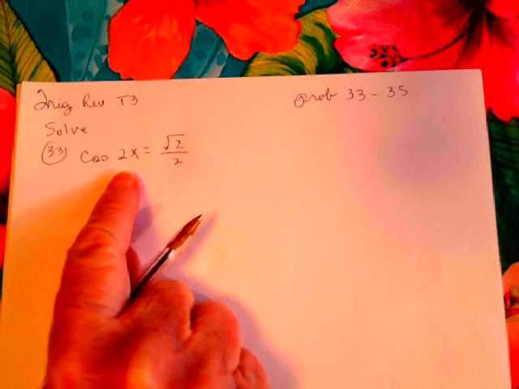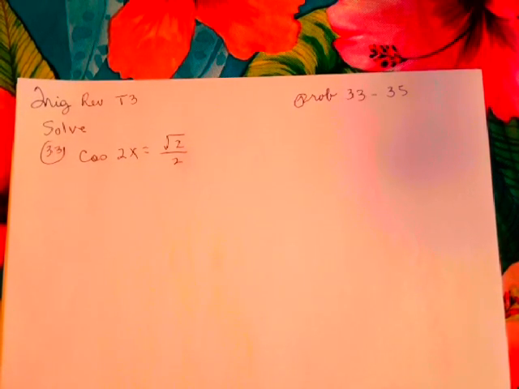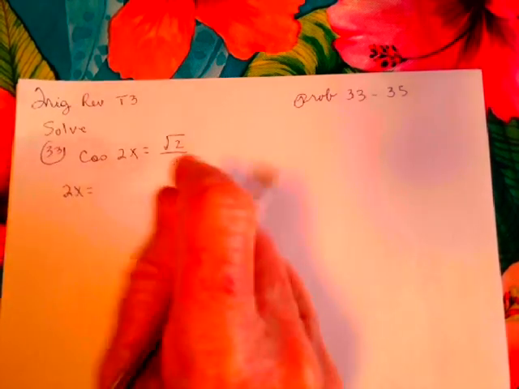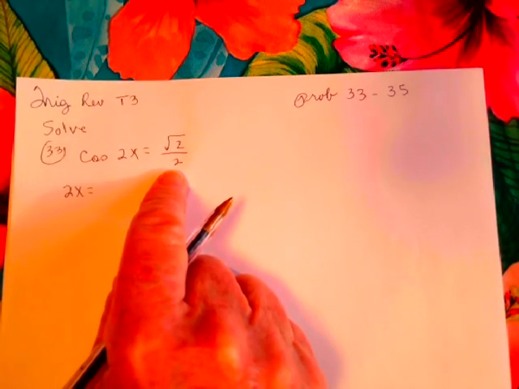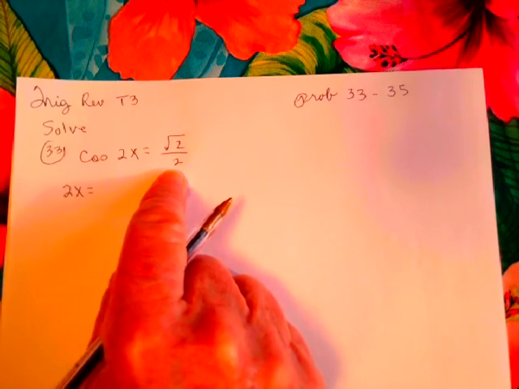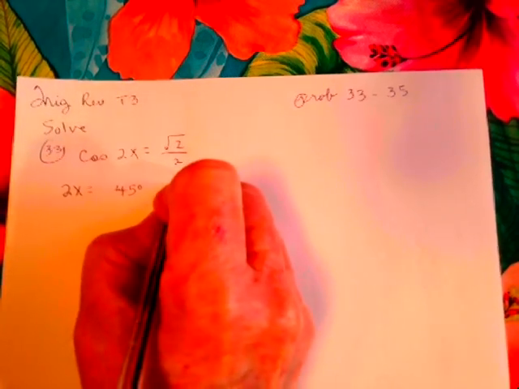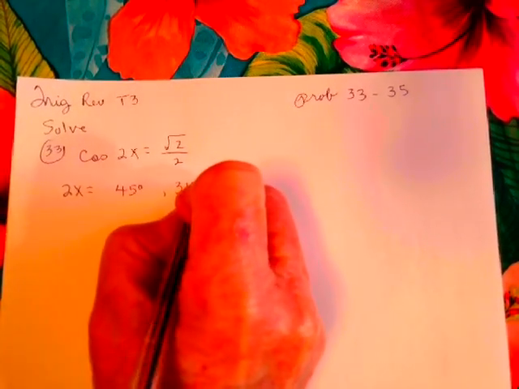And when it says 2x, that means I got to go around that unit circle 2 times to get those answers. You know that 45 degrees has a cosine of the square root of 2 over 2. So this would be 45 degrees and 315 degrees.